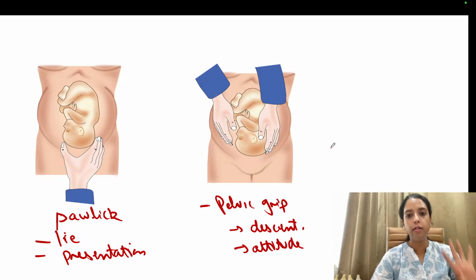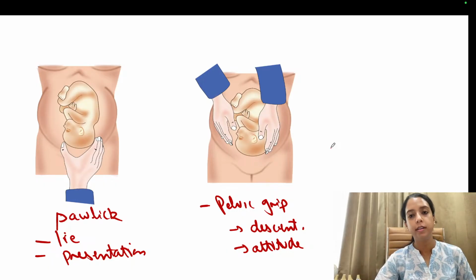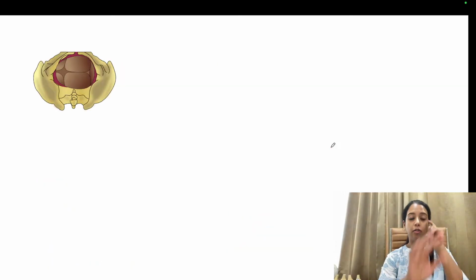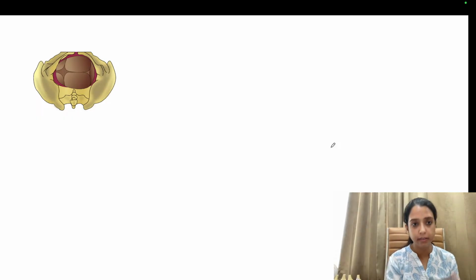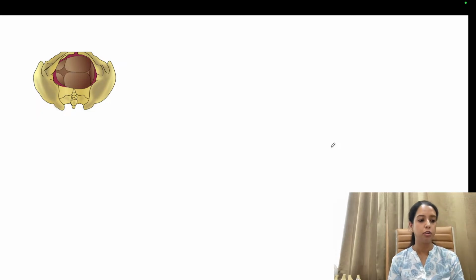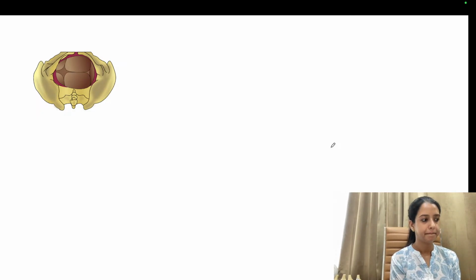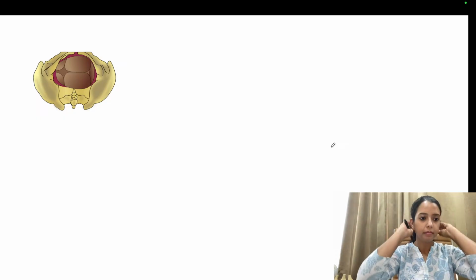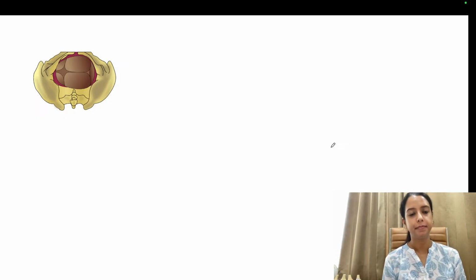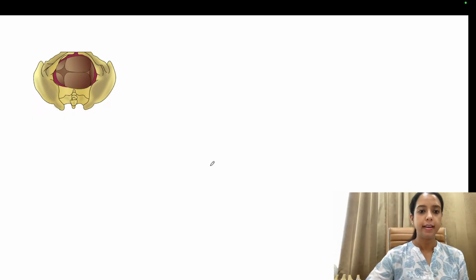Okay? So these are the 4 abdominal Leopold grips. Done. Now can you tell me what is the position of this fetal head in the pelvis? Who can tell me? What is the position of this fetal head? What is it? Options, I can give you the options.